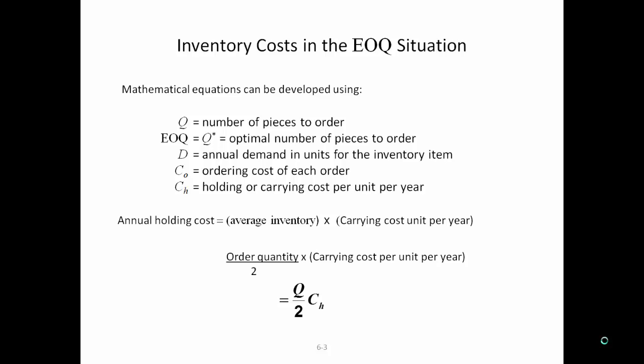So we get Q, the number of pieces to order, divided by 2, which is our average inventory, times the cost that we have to spend to hold the items. So we have annual holding costs that we compute.